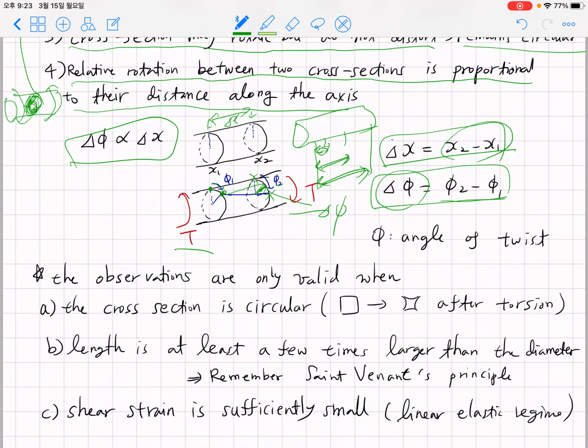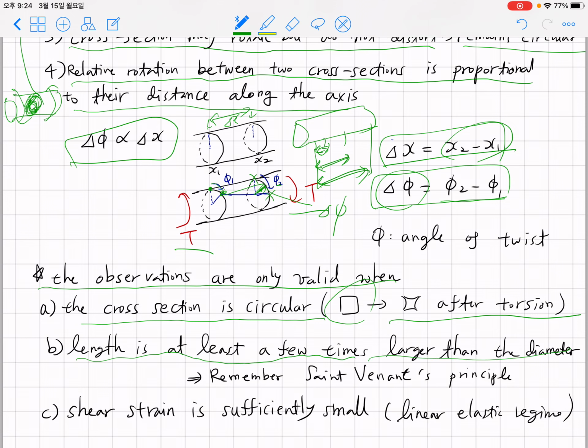You have to remember that these observations are only valid when the cross-section is circular. If you imagine a square cross-section, it will change shape after torsion. You may have tested it using rubber erasers when you were young. Second, the length is at least a few times larger than the diameter. Please remember Saint Venant's principle; something similar is happening here.